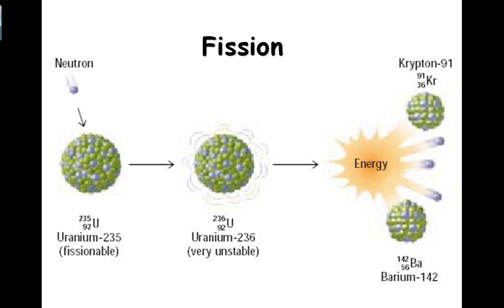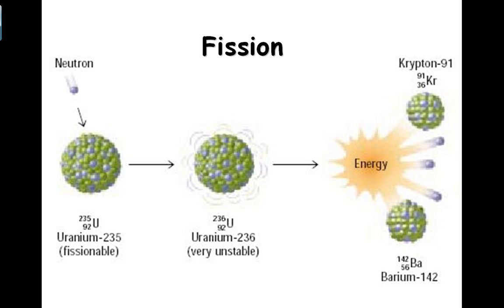In the fission process, you also get some undesirable products left over that can be radioactive, and those substances have to be taken care of. They have to be stored somewhere.